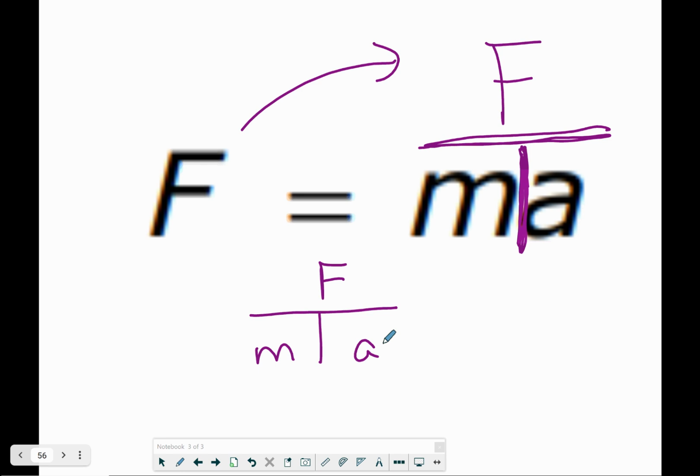When we get into writing subscripts and superscripts, those need to stay subscripts and superscripts. You have to write your formulas exactly the way you see them. You cannot make it go faster. Make sure you see capital F here. Make sure you see lowercase m here and lowercase a here.